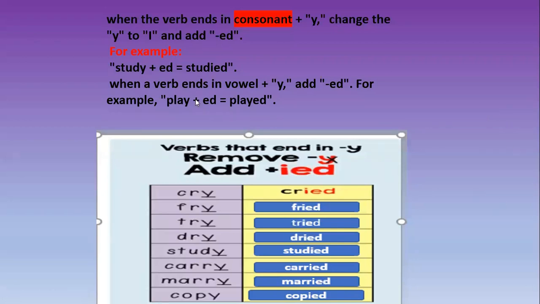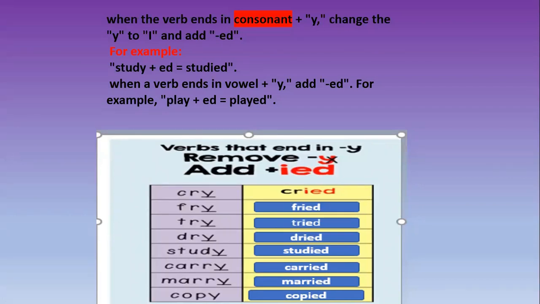When the verb ends in a consonant, what's the meaning of consonants? Consonants are all the letters except the vowels. The vowels are A, O, U, E, I. The consonants are the other letters.